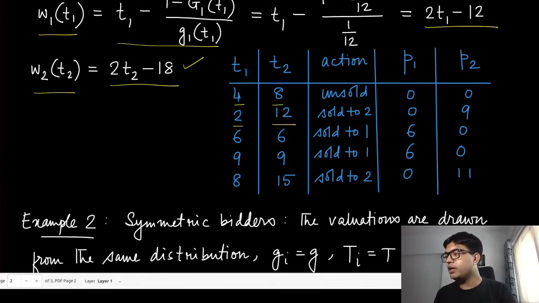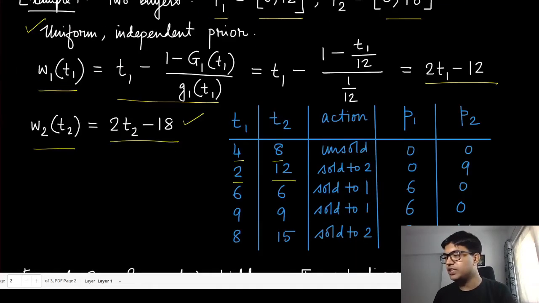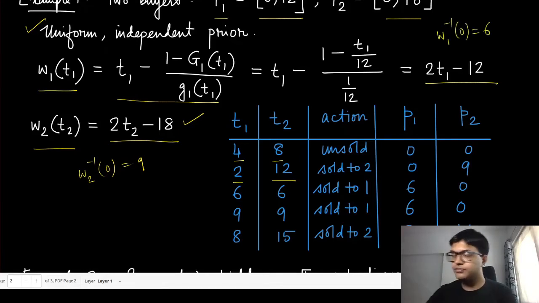The payment will come from this formula. First you look at W2 inverse of 0. In this case, W2 inverse of 0 is 9. And just for completeness, we will not need it here, but let us also note that W1 inverse of 0 is 6.